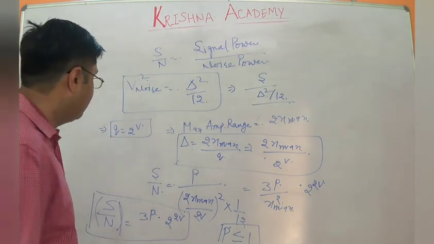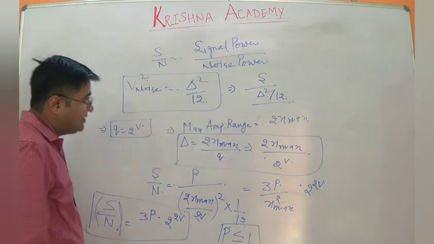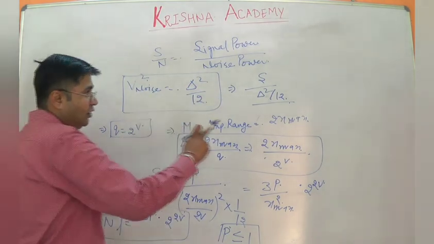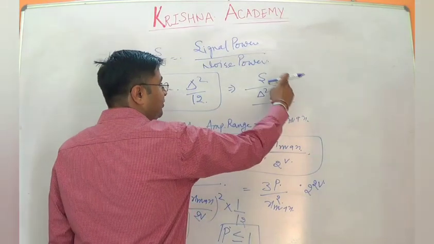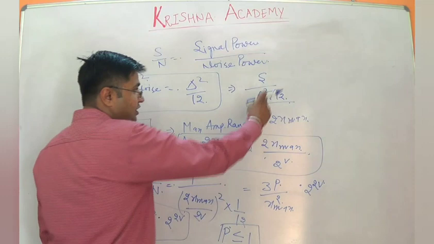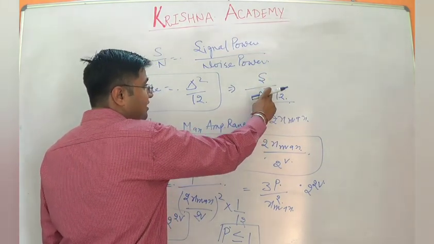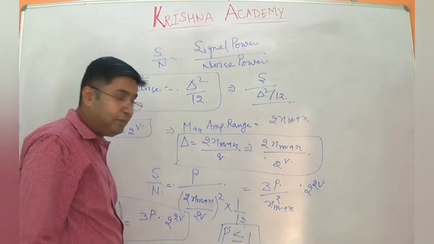Just see this. What we have done is we have calculated this value delta square upon 12. That was the noise power. Now to calculate the signal to noise ratio, we need to put signal power divided by this noise power, that is delta square divided by 12.